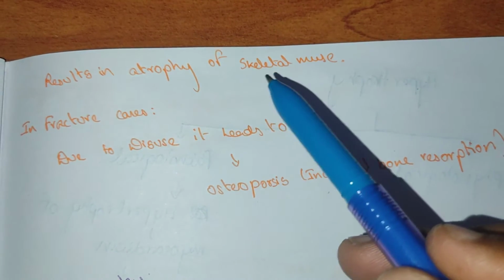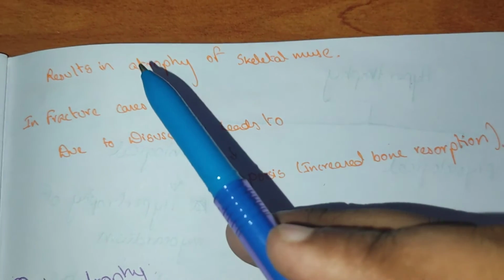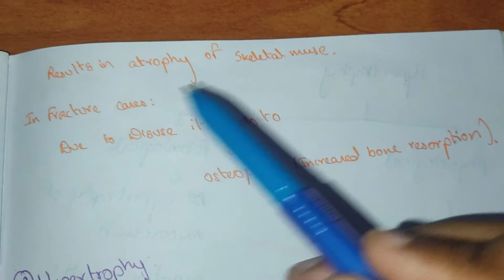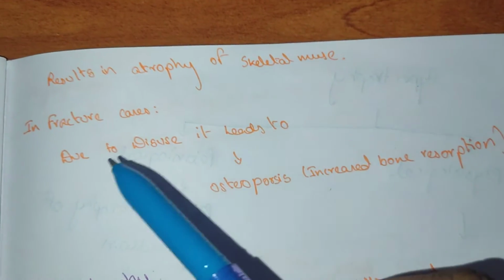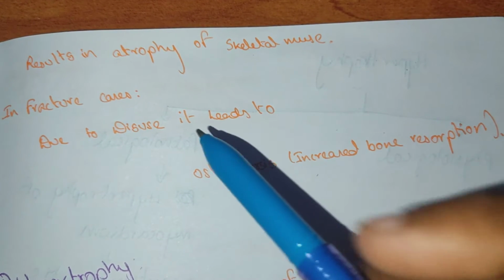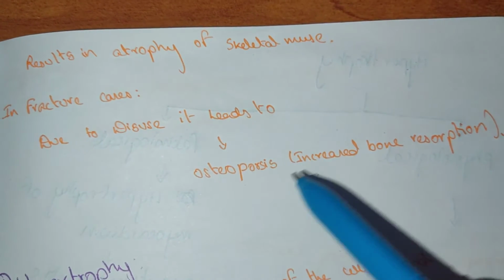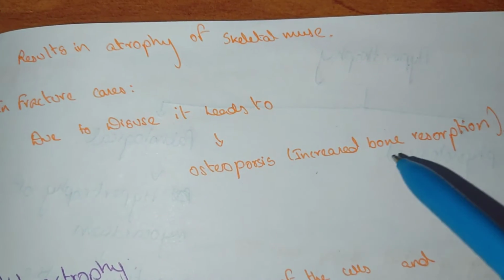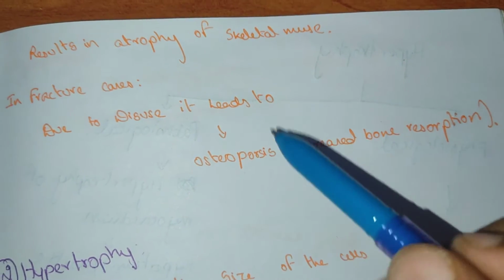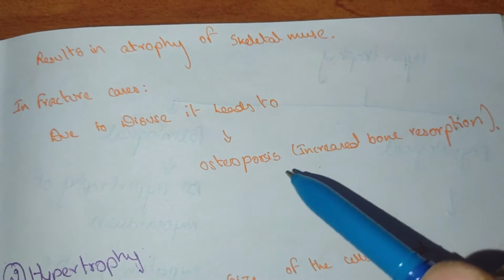This results in atrophy of skeletal muscle. And in fracture cases, due to disuse, it leads to osteoporosis, which means increase in bone resorption. Due to this, atrophy is caused.